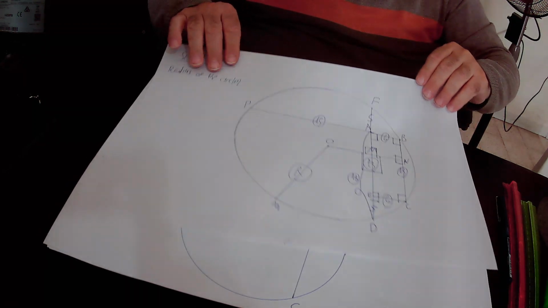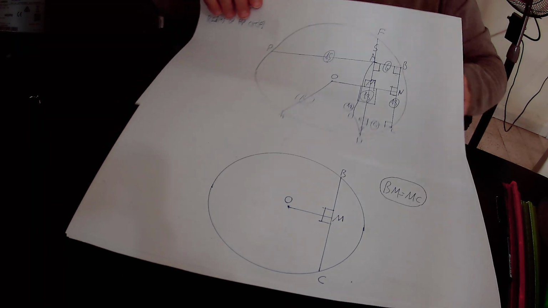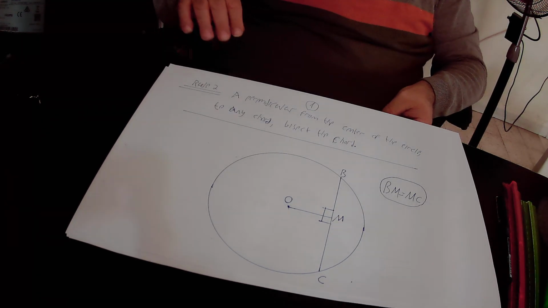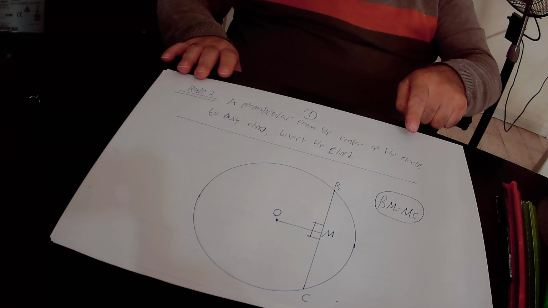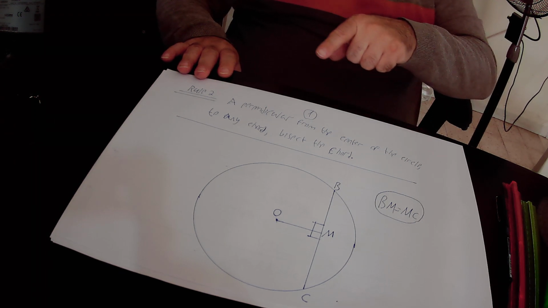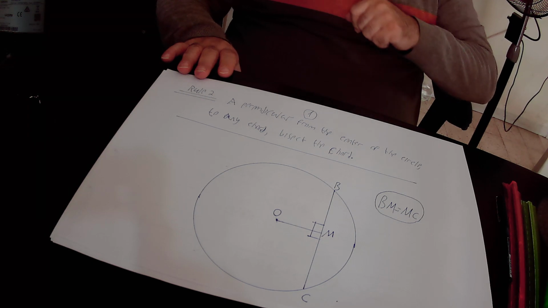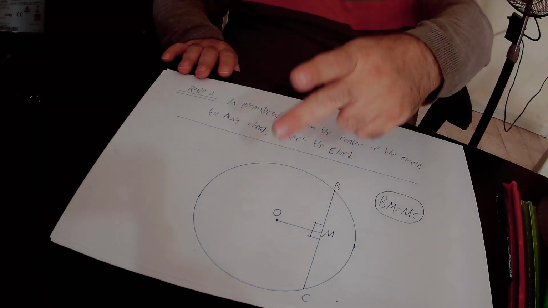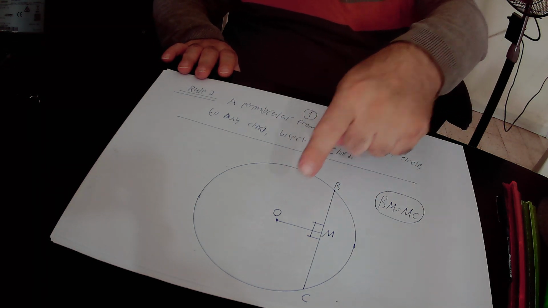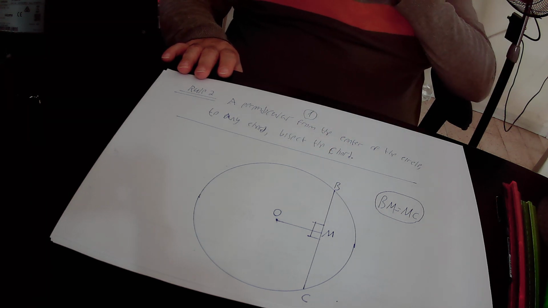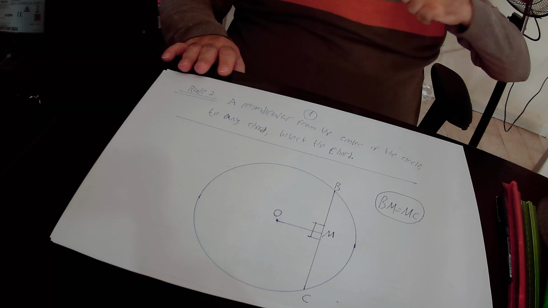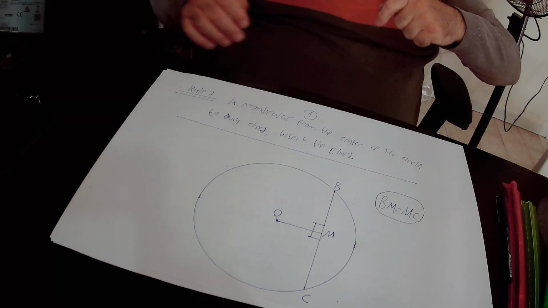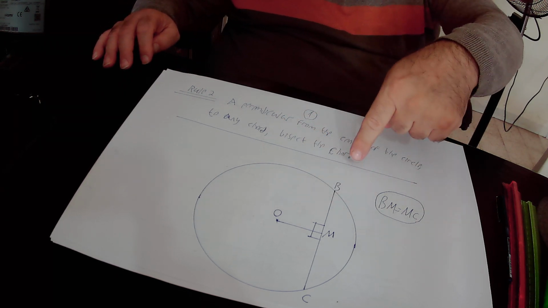Then I presented to you rule number 1 and we implemented it in our drawing. According to this rule, a perpendicular from the center of the circle to any chord bisects the chord. So we have here this circle, the center is point O, and we have chord BC, that could be any chord, and from the center of the circle we have perpendicular OM to chord BC.